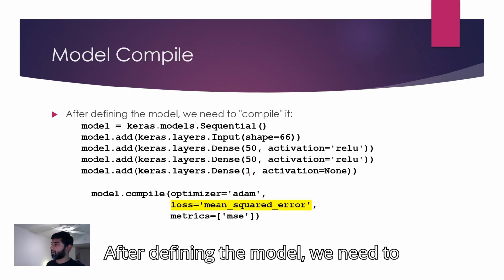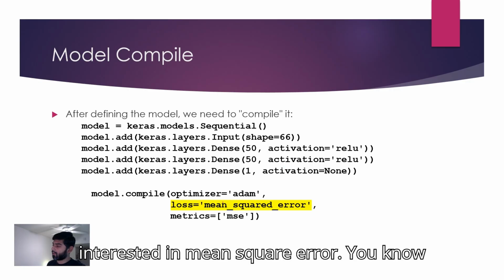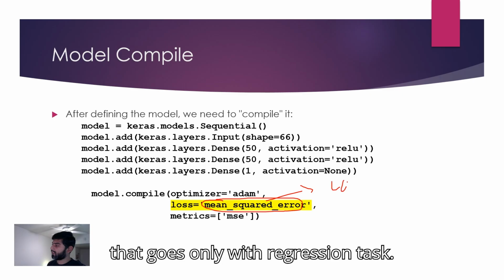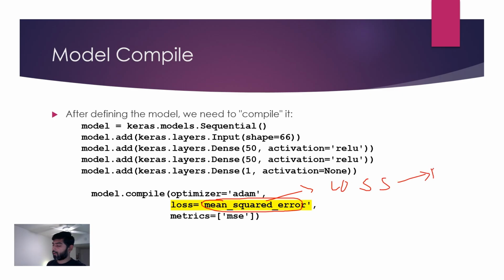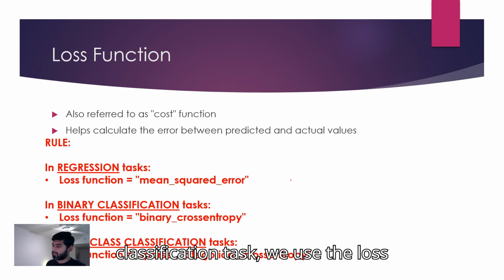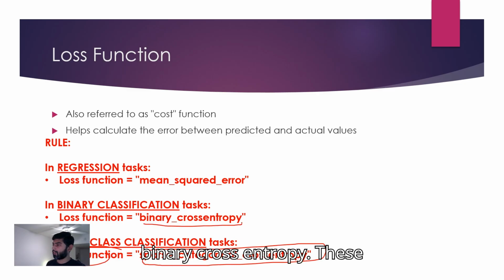After defining the model, we need to compile it. How do we compile? We are interested in mean square error. You know, mean square error is the loss function that goes only with regression tasks. What do we do when it's a classification task? If it's a classification task, we use the loss function of sparse categorical cross entropy. If it's a binary task, we use binary cross entropy.